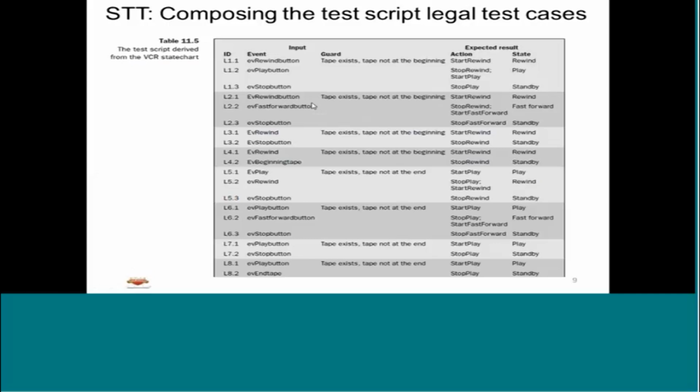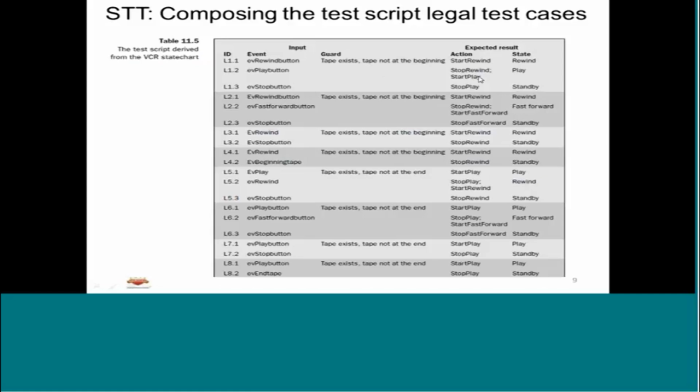So all these are key inputs for the event to happen, and for these individual tests or the legal scripts, we have an action. So what is the action? The expected action is start rewind. The state where it will enter, rewind state. Stop rewind.